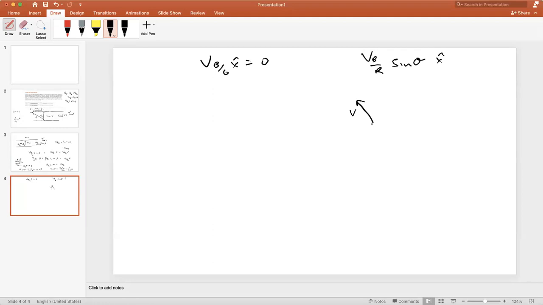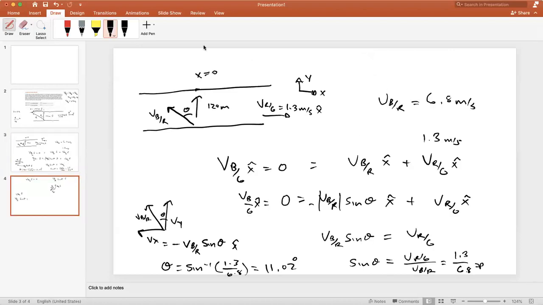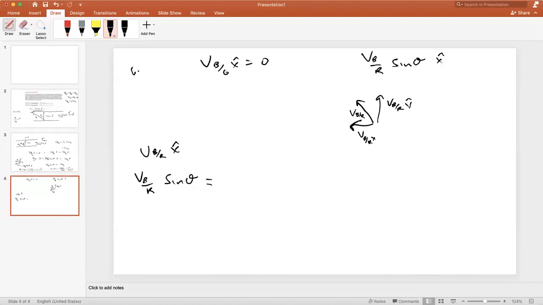So his v, and we'll call it vb over r. So this is vb over r in the x, and this is vb over r in the y hat. Okay, so we know that vb over r times sine of theta is vb over r in the x hat direction. And that will give us, was it 6.8 and 11? So 6.8 meters per second and 11.02 degrees.